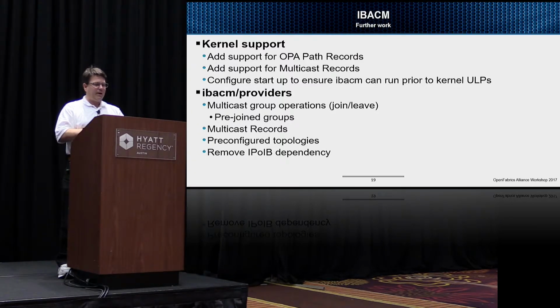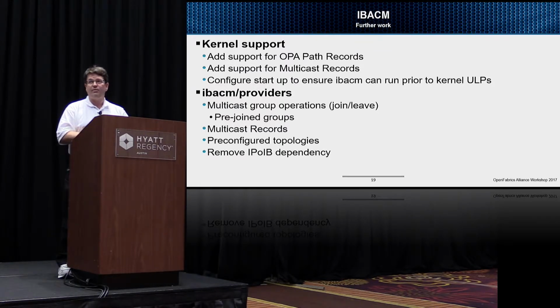So again, I mentioned multicast group join leave operations. IP over IB is dependent on that. One of the things that we've investigated is ensuring that groups are pre-joined. So when a node comes up, it doesn't have to join a group. We could create a group, we could have a node pre-join, and we could tell Ibacm that node is pre-joined.